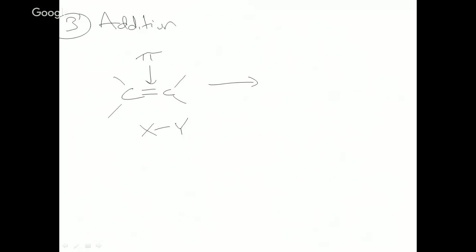We're going to add this reagent, and it's going to add across the double bond, generating 2 new sigma bonds. So it's the exact opposite. Elimination and addition are opposites. So a couple examples, just briefly.